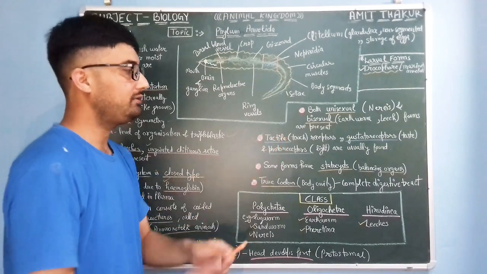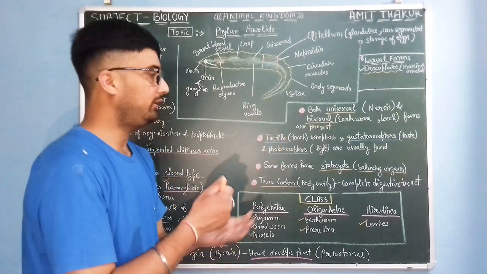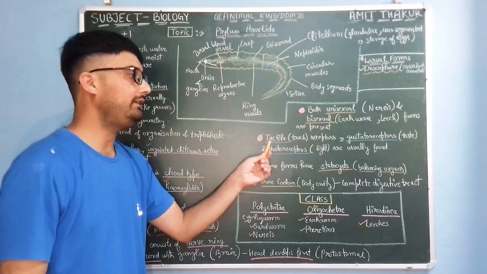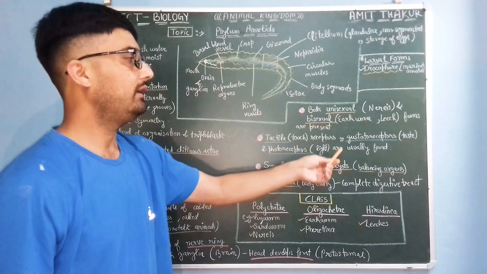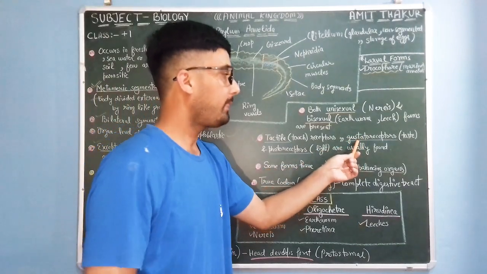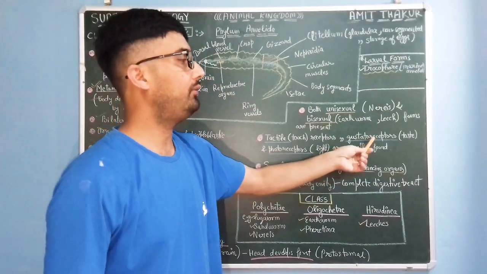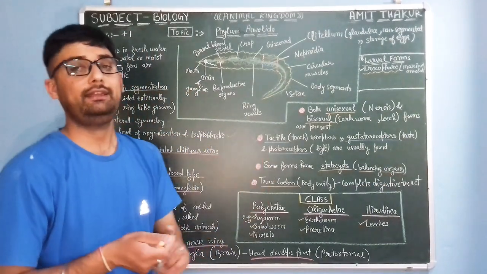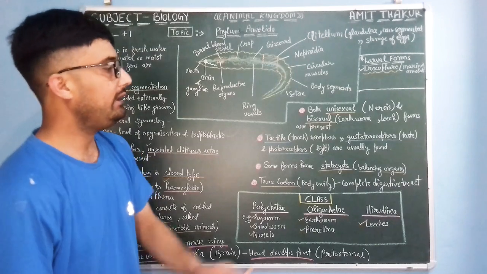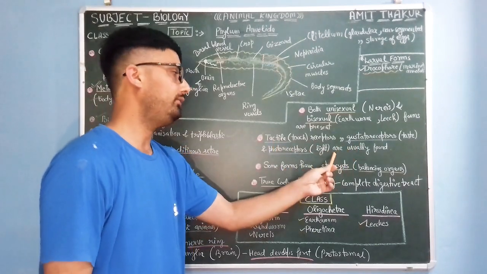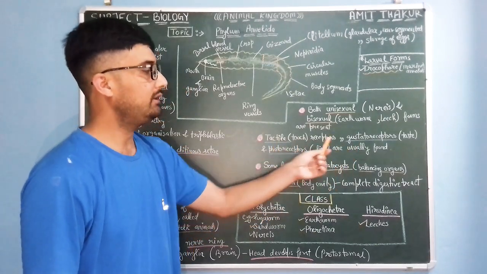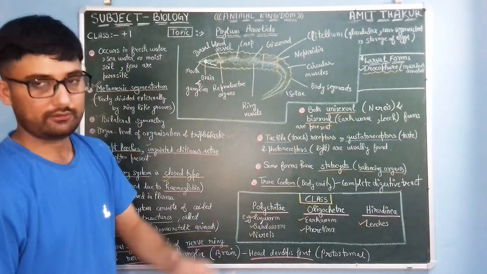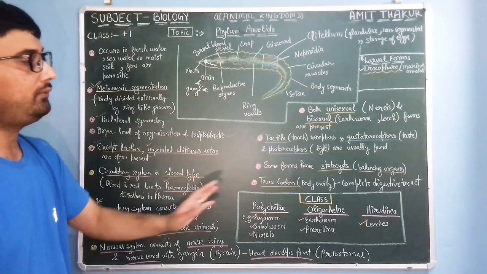Tactile receptors are actually for touch to the substratum. These are the sensory organs: tactile touch receptors, gustoreceptors for taste, and photoreceptors, which are sensitive to light. All of them are usually found in annelids.